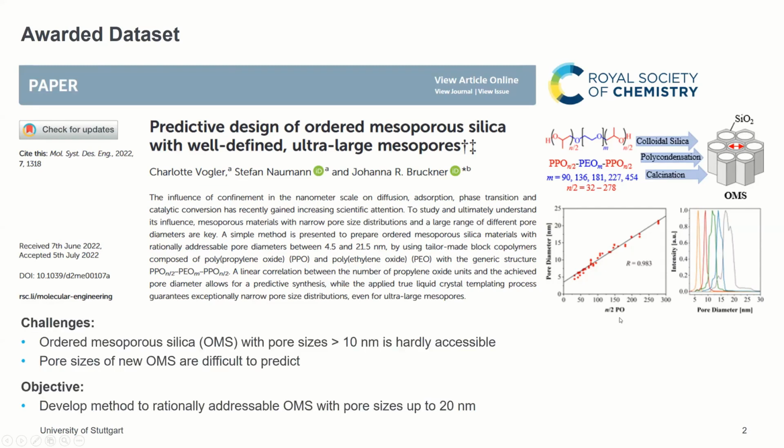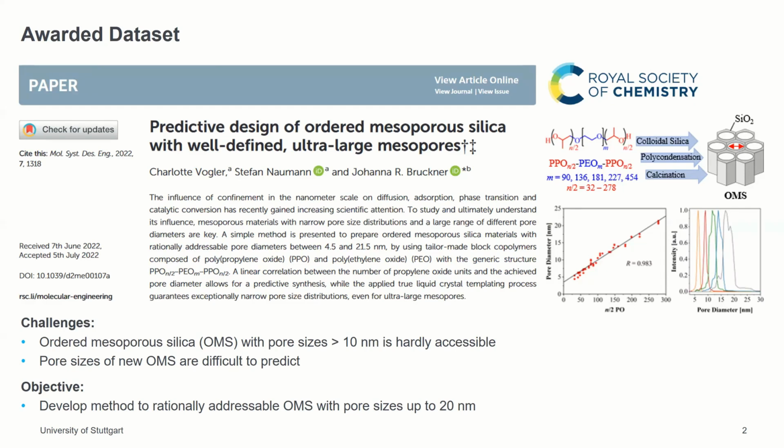However, there are two challenges which we wanted to tackle with this study. The first one is that it's very difficult to make mesoporous materials with pore sizes larger than 10 nanometers with this method, because commercially only so and so big surfactant molecules are available.